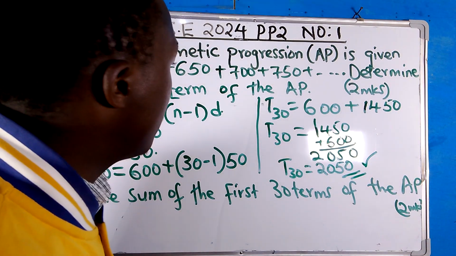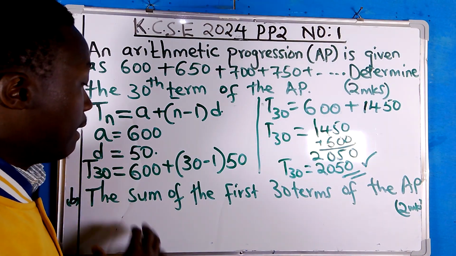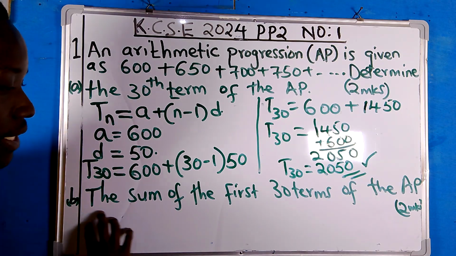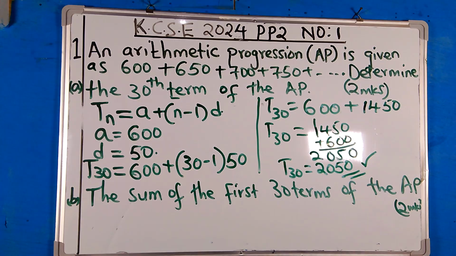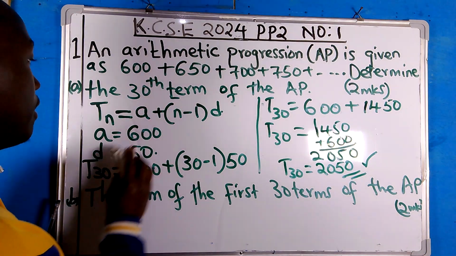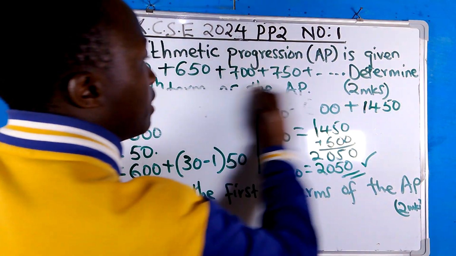So we will proceed to determine the second question, which is the sum of the first 30 terms of the AP. We can utilize this space here.